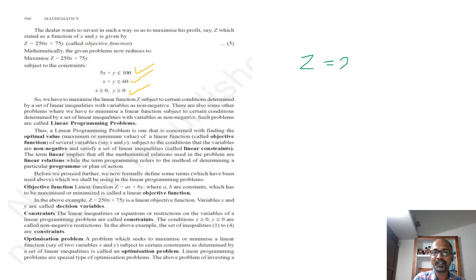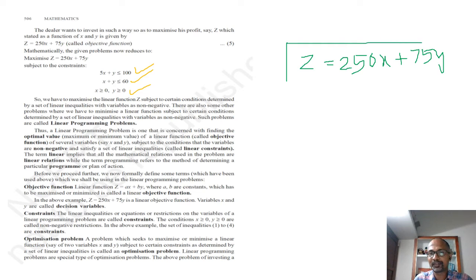So 250 profit per table we get, so for x tables 250x plus 75 per chair, 75y. Okay, so Z is equal to 250x plus 75y. This is going to be the profit.